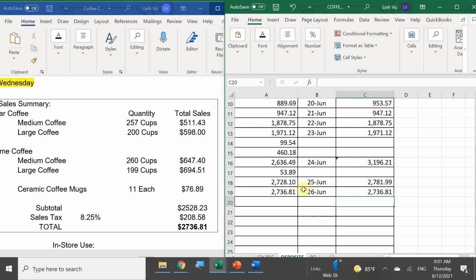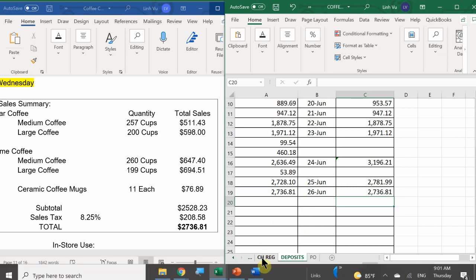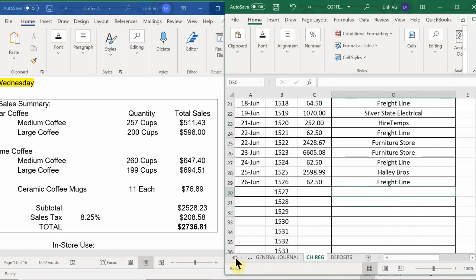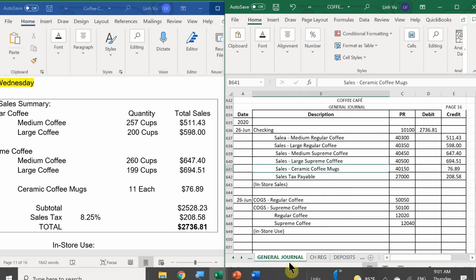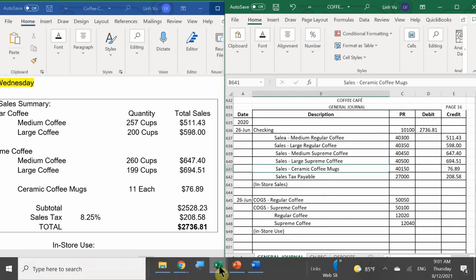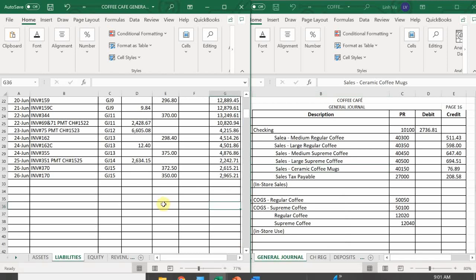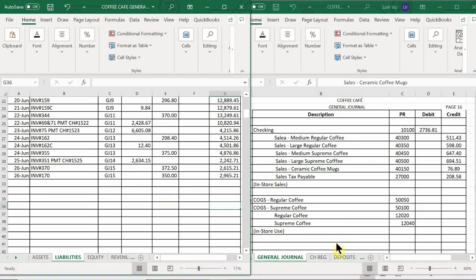Okay, so then we're going to go to our general journal. I'm sorry, ledger. Ledger. Assets. Checking.